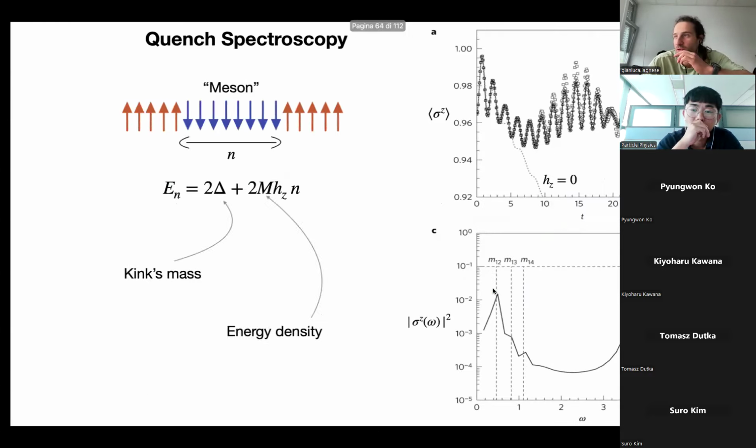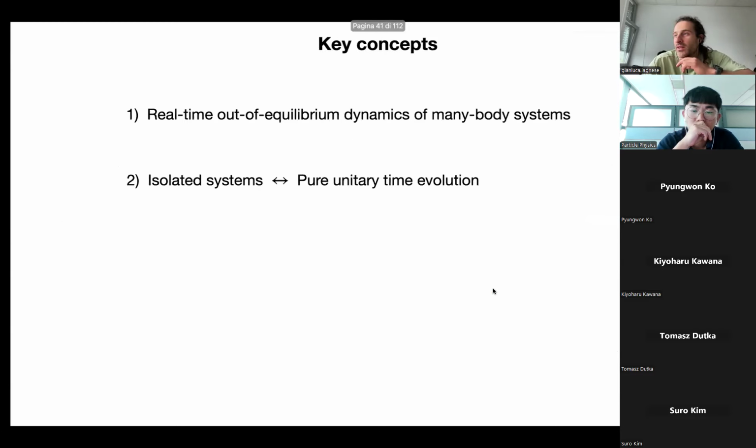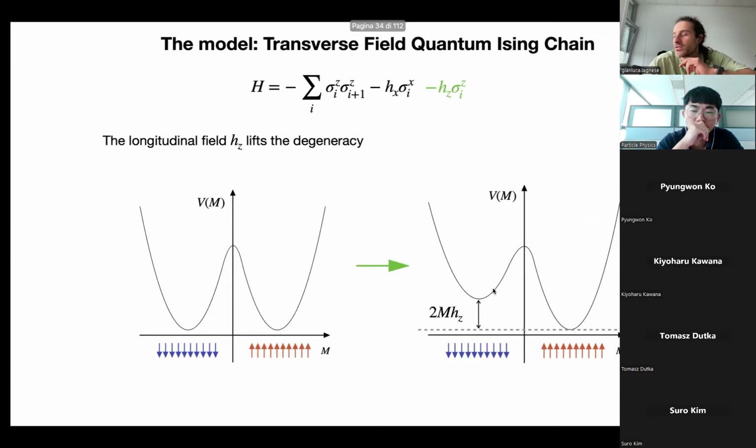Okay, maybe it's useful to go back here. If you go back to the picture that we had here, depending on the sign of this longitudinal field, what happens is that these polarized states, when you turn on the field, one gets an energy price with respect to the other one because it's an unfavored configuration.